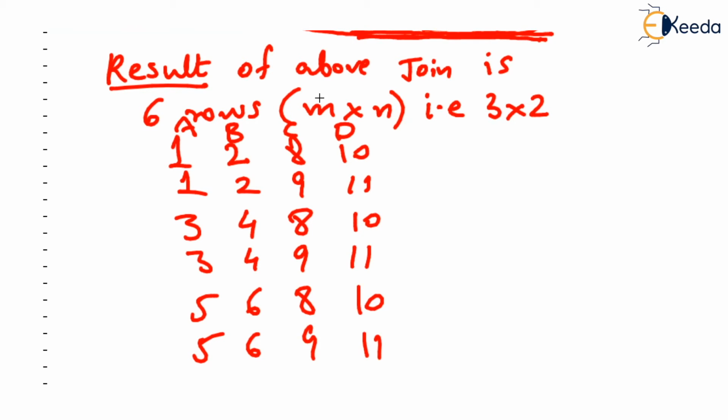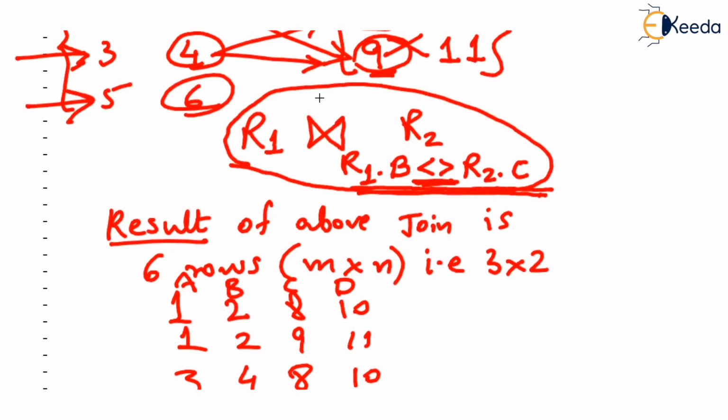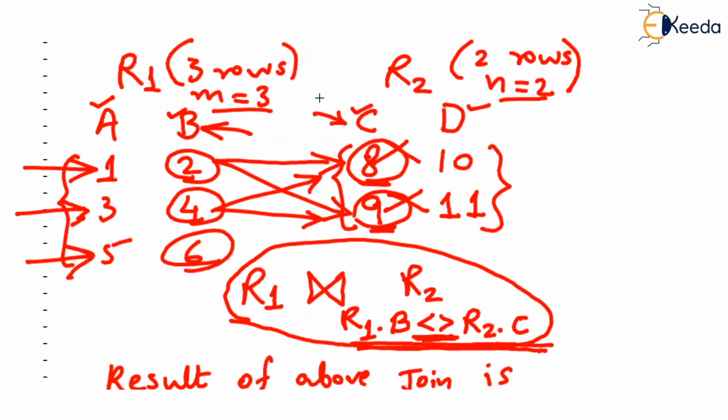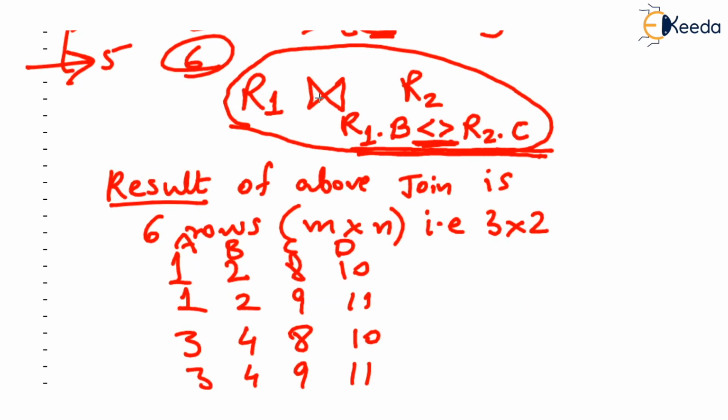You can see that the entire result of R1 cross R2, that's the point. When you find R1 cross R2, there will be 6 rows, and all 6 rows pass the condition B should not be equal to C, and B was never equal to C in the entire R1 cross R2. Hence we come to a conclusion that maximum rows possible are m into n, that is 3 into 2, exactly 6 rows. I hope you got the point.